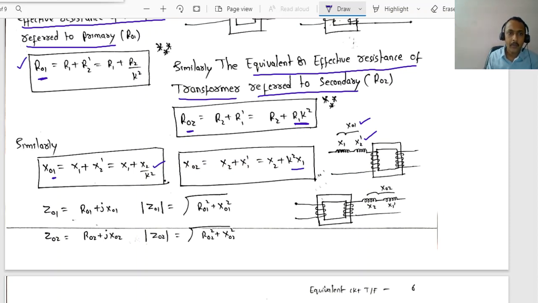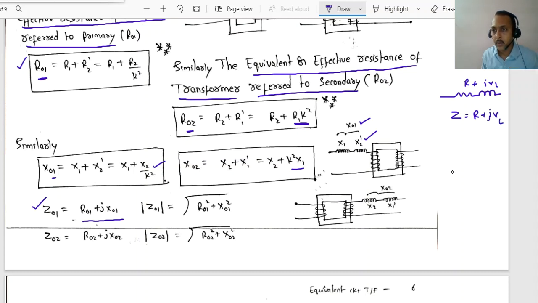Now you have found out the resistance and reactance. Together we will call it impedance. Now Z01, equivalent impedance referred to primary, is simply R01 plus jX01. For example, already in DC circuits and AC circuits you are familiar. If you have some R plus some jXL, R and inductive reactance, its impedance will have some real part plus imaginary part, R plus jXL.